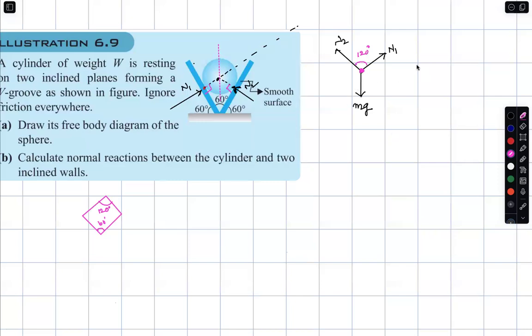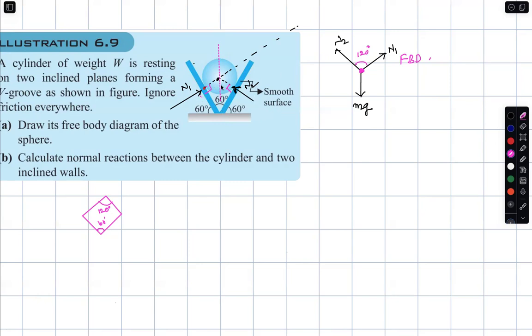I have drawn the free body diagram. This is the free body diagram. Your normal reactions. Remember, undoubtedly here N1 is same as N2 because symmetrically distributed. If the angles are not symmetrically distributed, for example, on the left side here if it is some 30 degrees and here it is some 60 degrees, then the normal reactions are different.